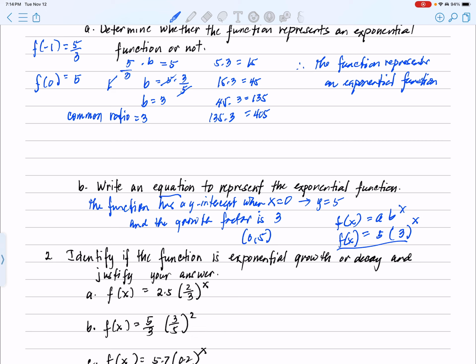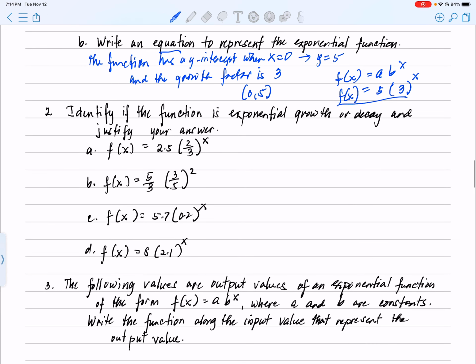Let's have number 2. Identify whether the function is exponential growth or decay, and justify your answer. So looking at the f of x, remember the function is a b to the power of x.